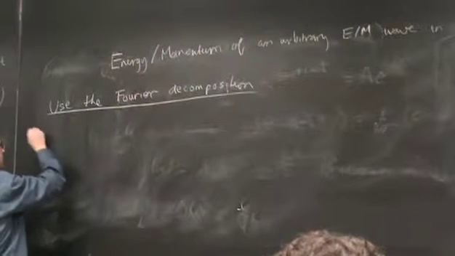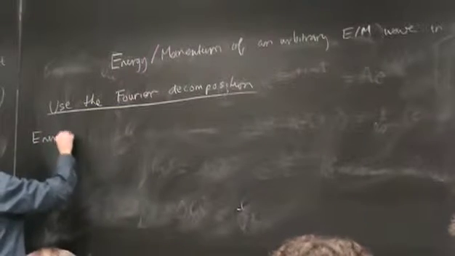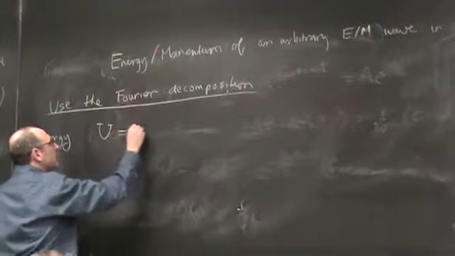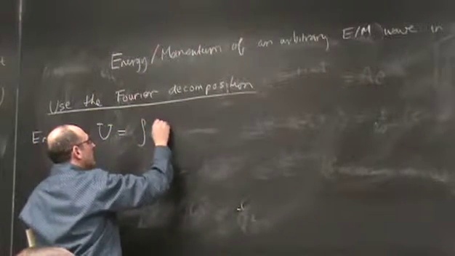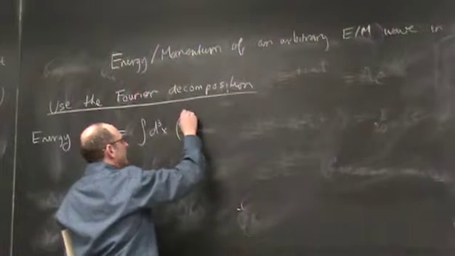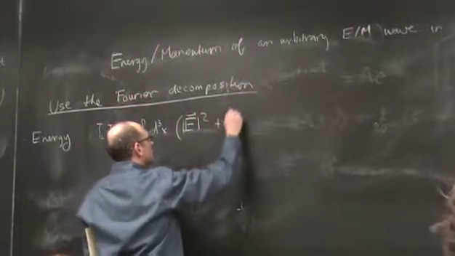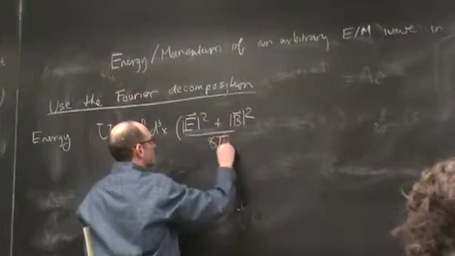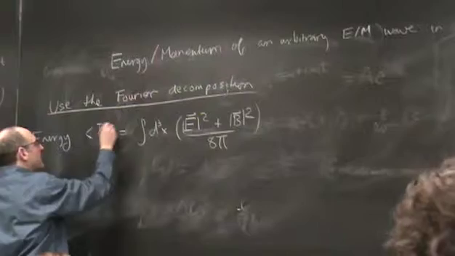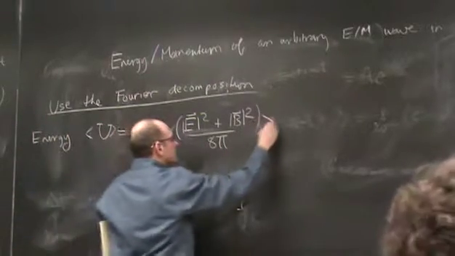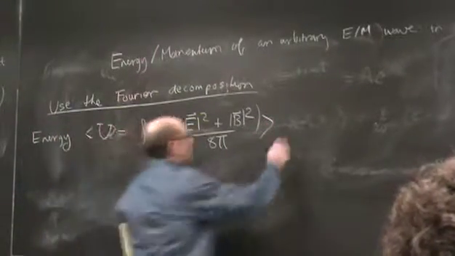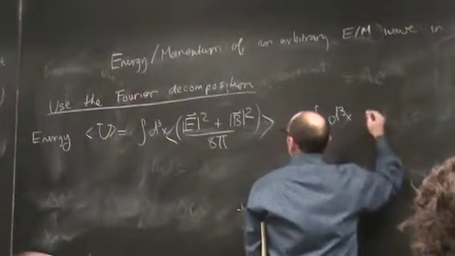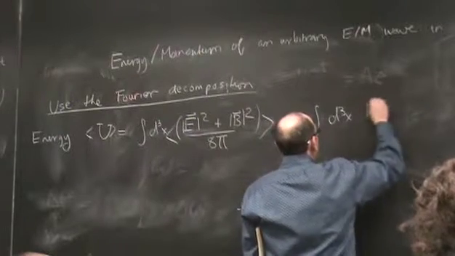So let's look at the energy. The total energy in the field is the integral of the energy density. Let's look at the time average version of that. The energy in the electric field for each plane wave is the energy in the magnetic field, so we can write that.